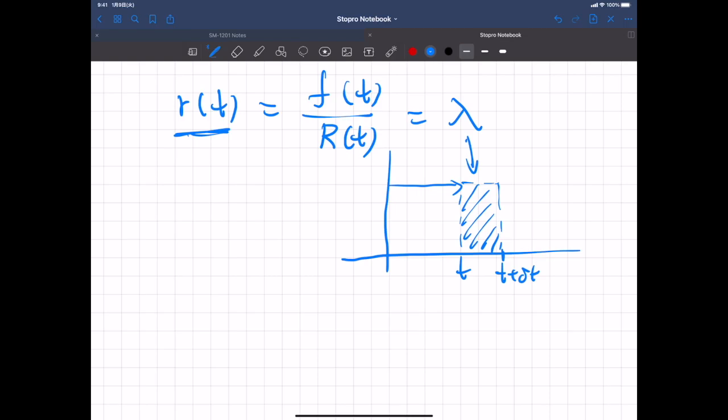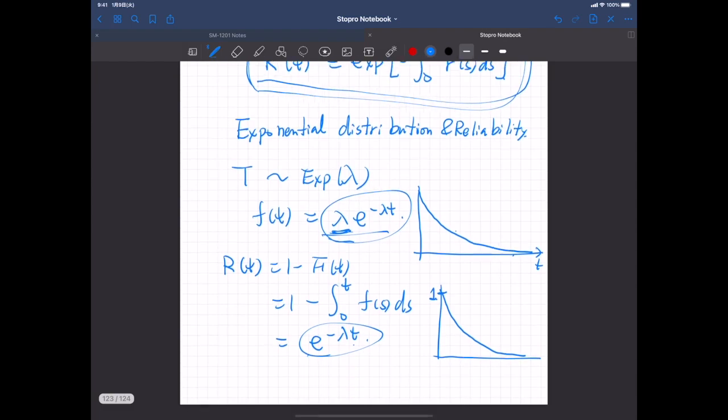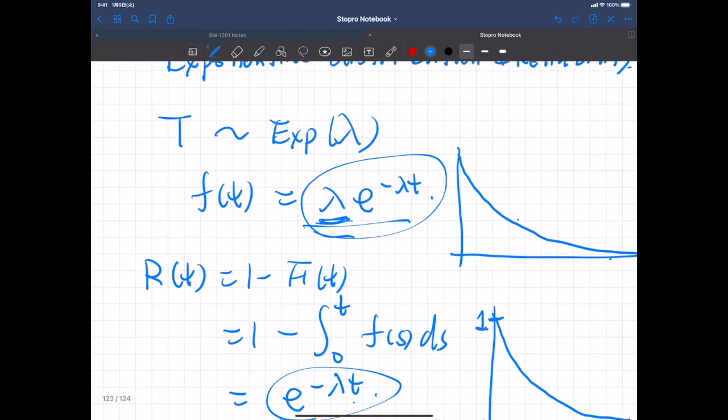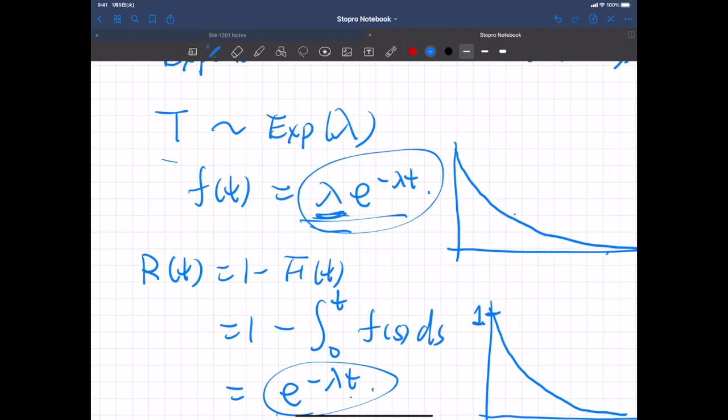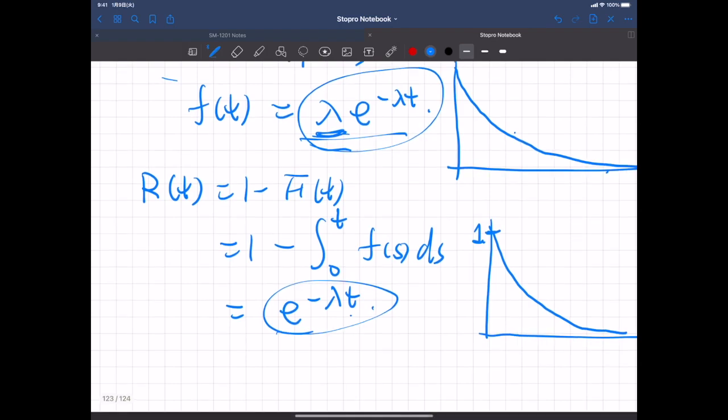Okay, so every moment, the probability of failure is the same. So that's actually the consequence of our assumption that the time to failure is exponentially distributed. So this model is memoryless, so to speak.